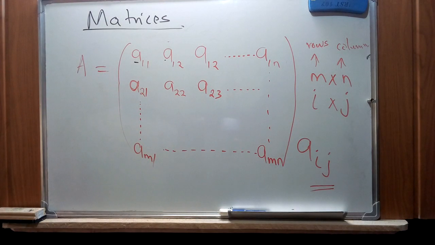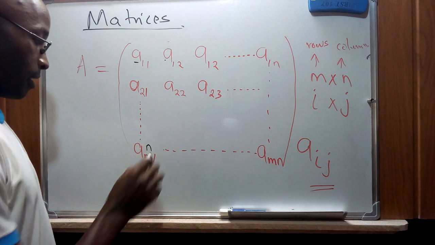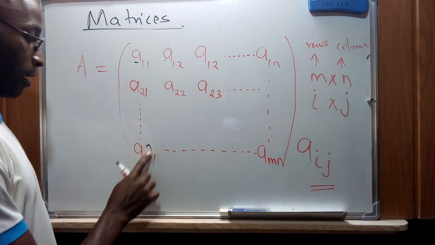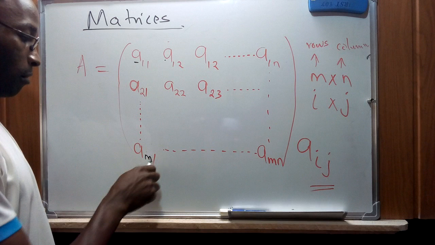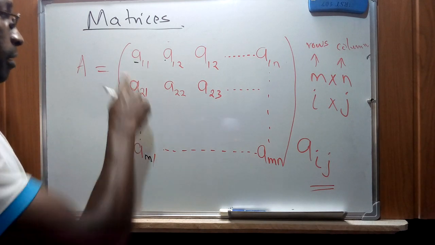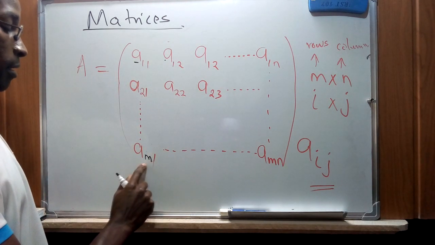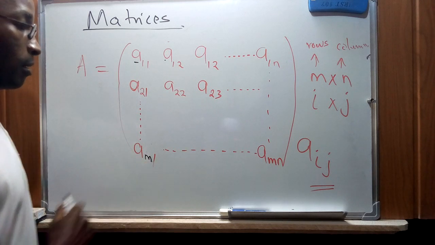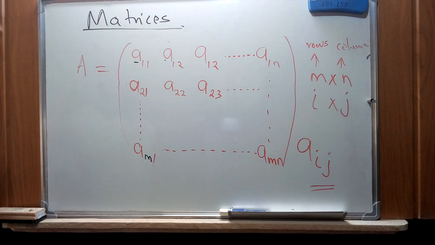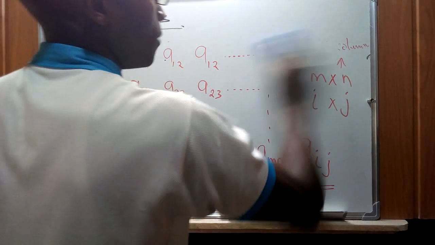In our last video, we had indicated n here. This is supposed to be m in actual sense, because the first letter deals with the number of rows.